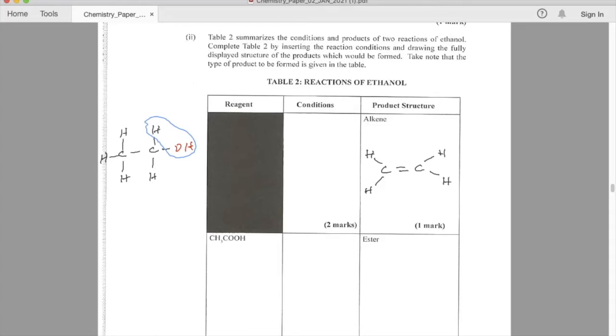So in this case, we would need concentrated sulfuric acid. We would need 170 degrees Celsius. Concentrated sulfuric acid is a dehydrating agent, or we could pass the ethanol vapor over aluminum oxide and heat this to 450 degrees Celsius. Either of the two would be fine.